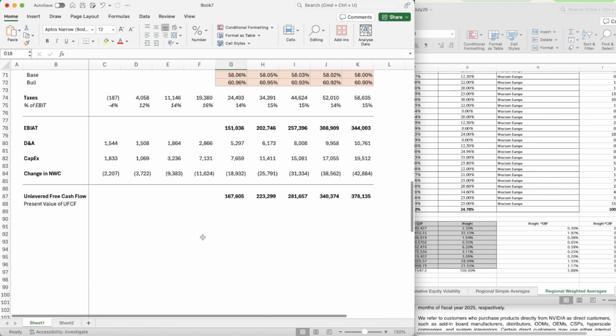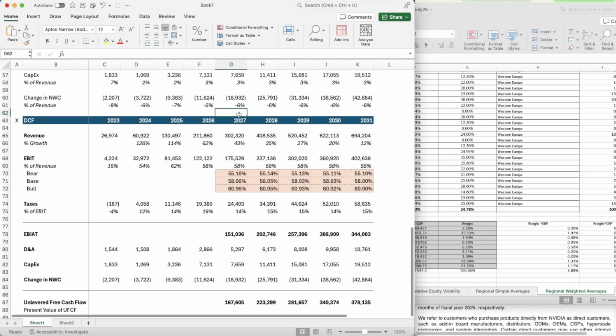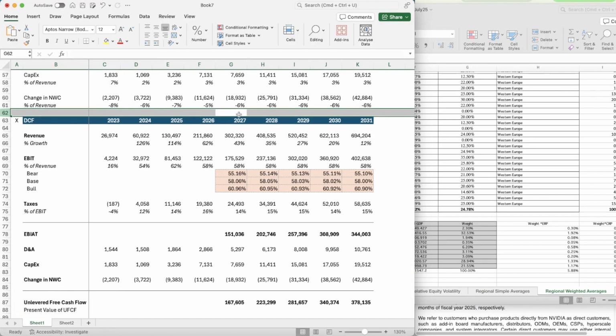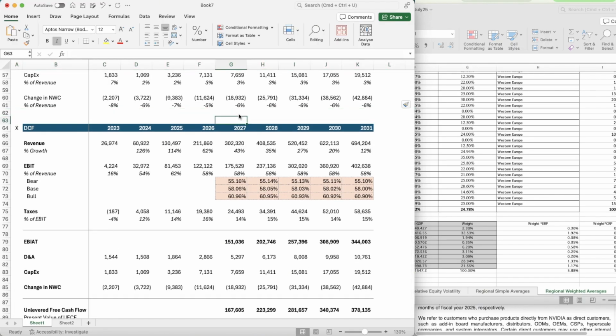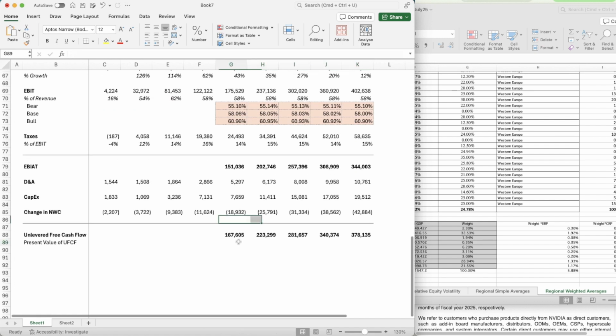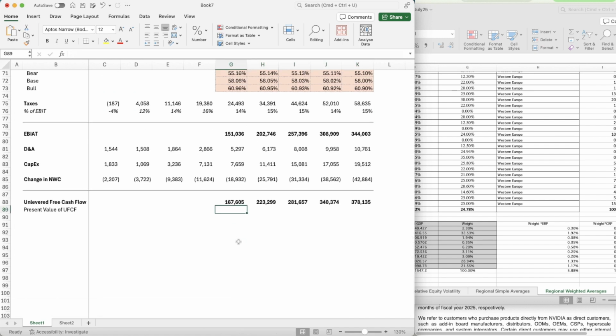Now, above your DCF line, just add another row. Put a 1 in at the top of 2027. Do 1, 2, 3, 4, 5 at the top of these, and you'll see why in a second. So we want to calculate the present value of the unlevered free cash flow.